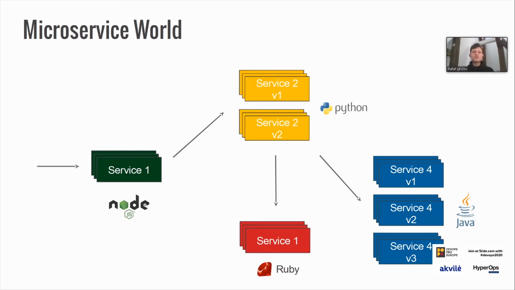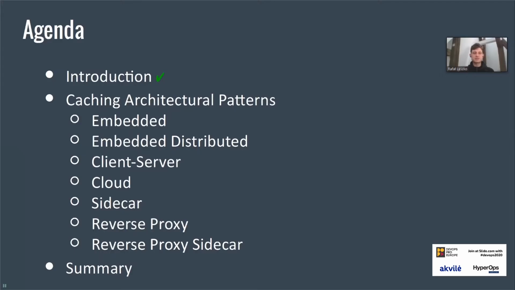Now, the question for this presentation is, where is the right place to put your caching layer? Is it inside each microservice, or outside as a separate caching unit, or maybe in front of each service? That we'll cover in this presentation.